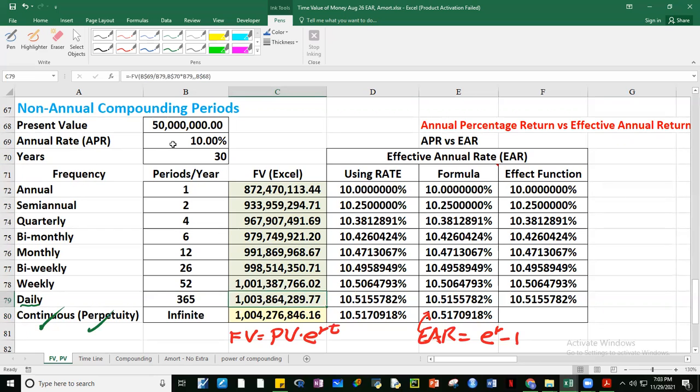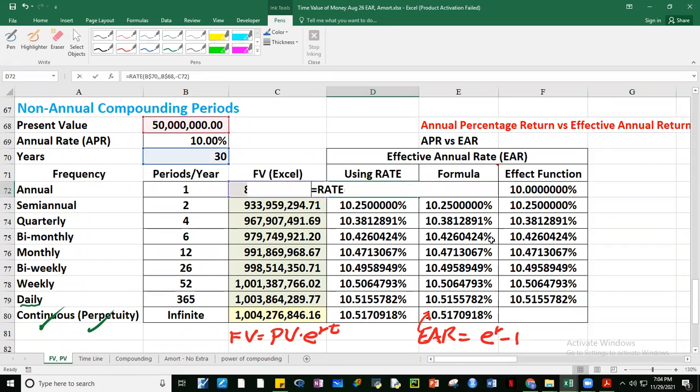Pare-pareho sila ng annual, ng stated return, pero magkakaiba sila ng effective. Ang kapareho lang ng effective annual return sa annual percentage rate is itong one compounding lang per year. Siyempre, pareho lang, one lang. But the more you add compounding per year, the higher will be the effective annual rate, the EAR.